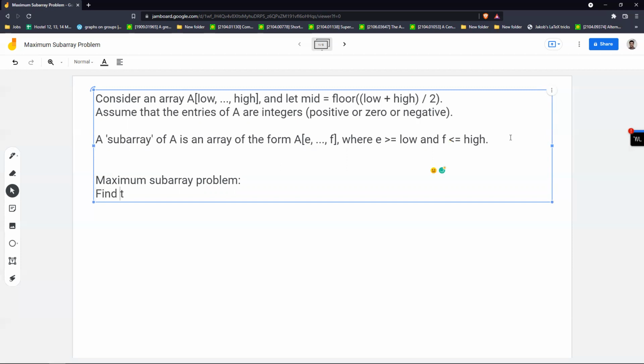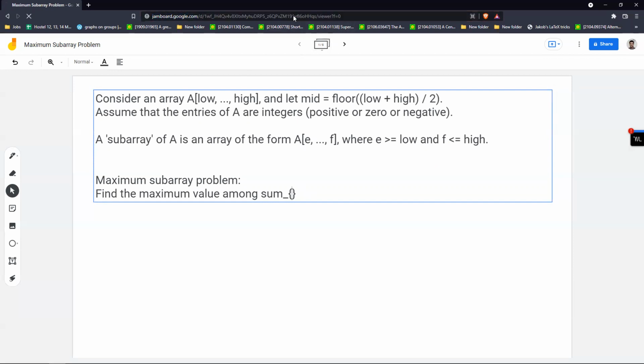Find the maximum value among some... There is some small issue.